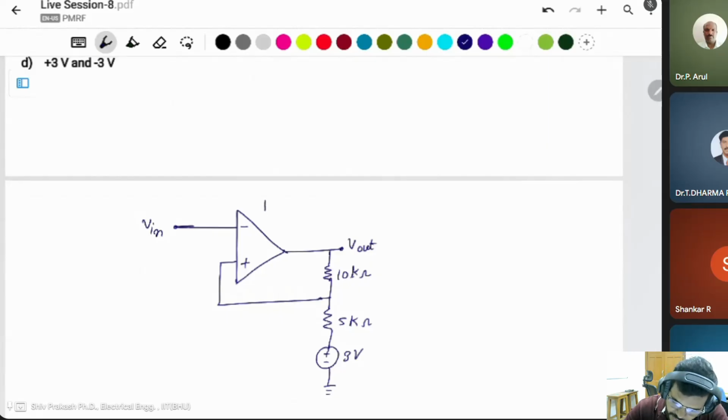Yes, saturation is given. It means this is the 15 volt and this is the minus 15 volt.